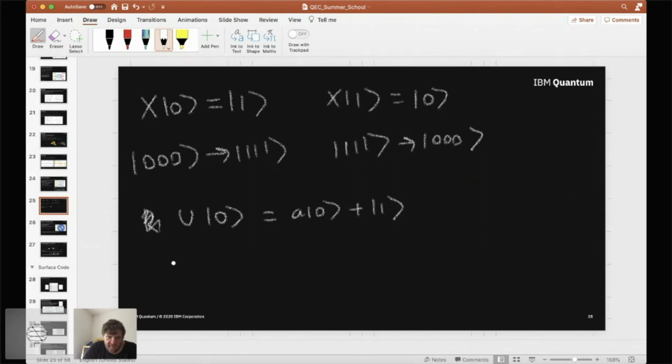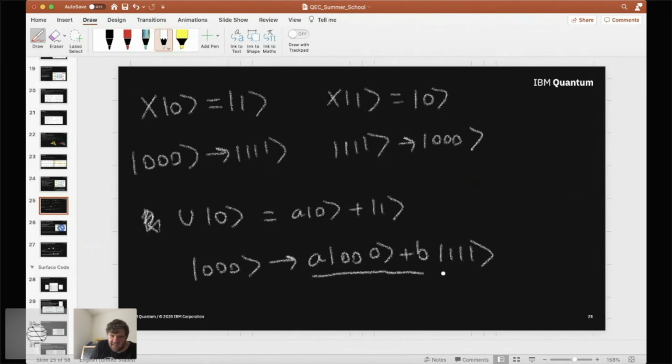So in an encoded form, that would mean that the logical version of this has to take 0, 0, 0 and turn it into some sort of A|000> plus B|111>. Now, this is an entangled state. The only way you can make an entangled state is by using 2-qubit operations such as controlled NOTs. So already, just by looking at the state, we know that it's not going to be as easy.